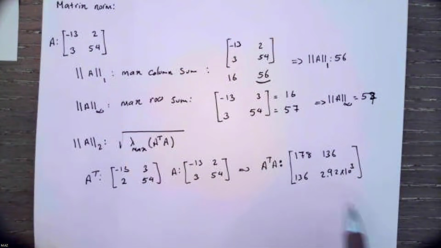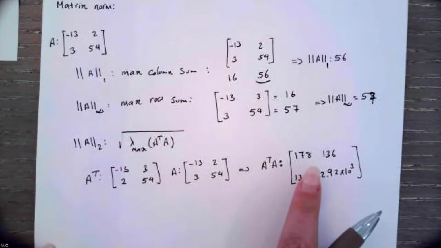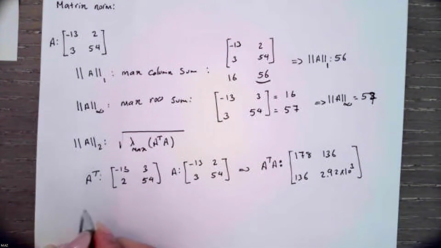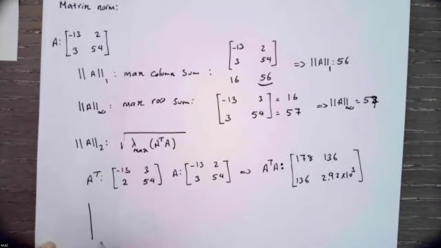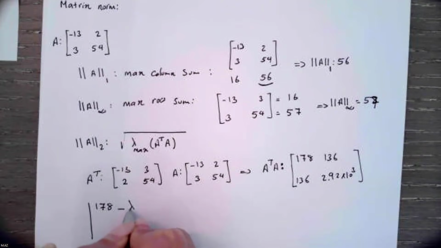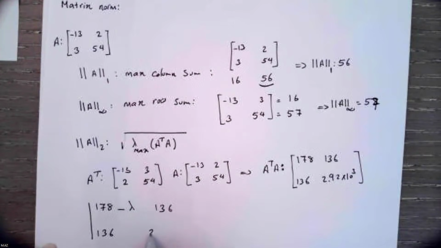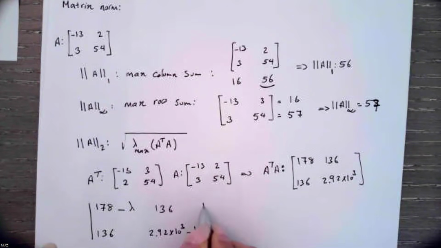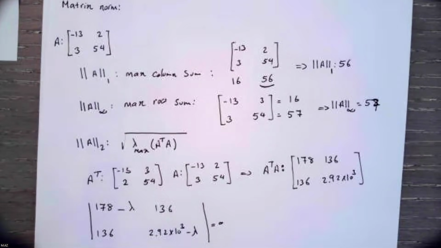For that, we subtract lambda from the main diagonal, and then the determinant of the matrix should be equal to 0. This is the determinant: 178 minus lambda, that is the eigenvalue, should be equal to 0.